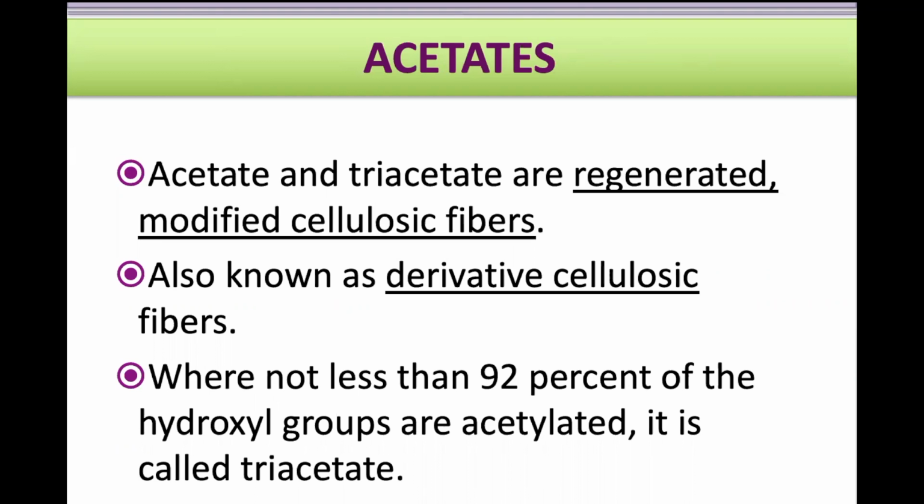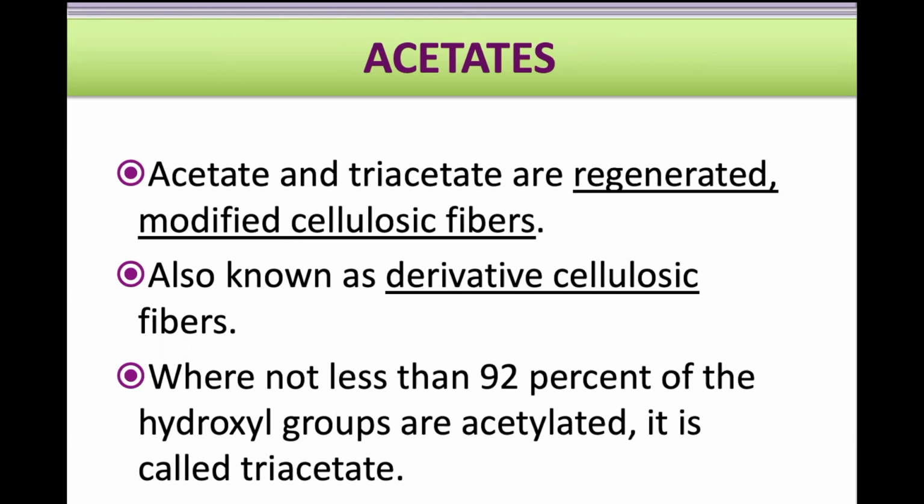So the next regenerated fiber is acetate. And there are two different kinds of acetates. There's acetate and then there's triacetate. These are also regenerated out of cellulose. And what we do here is, if you guys remember, in cellulose, there were those OH groups, the hydroxyl groups. We are acetylating those hydroxyl groups. So we are replacing them with acetyl groups.